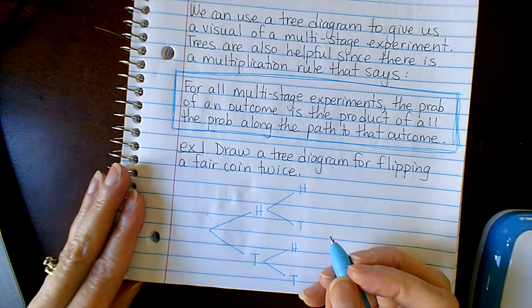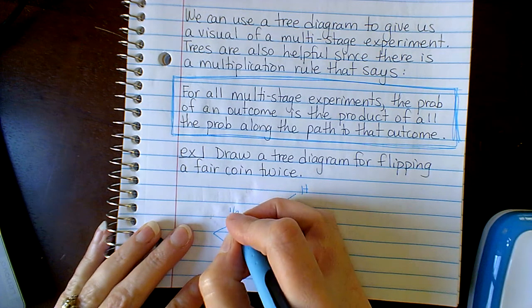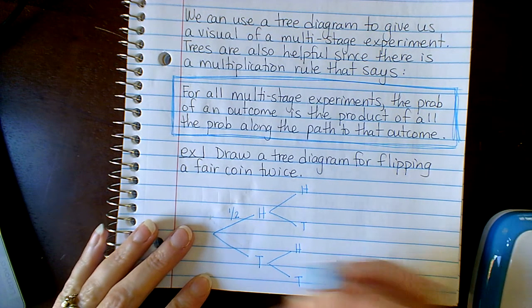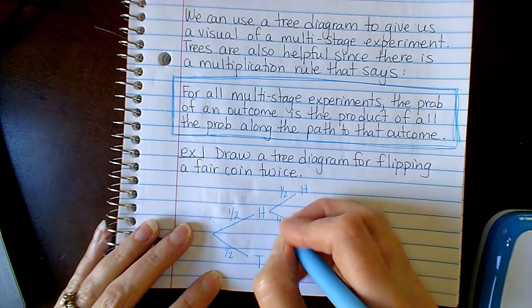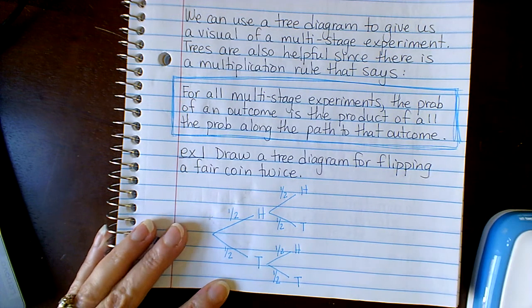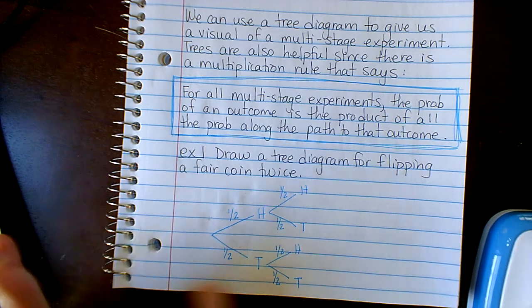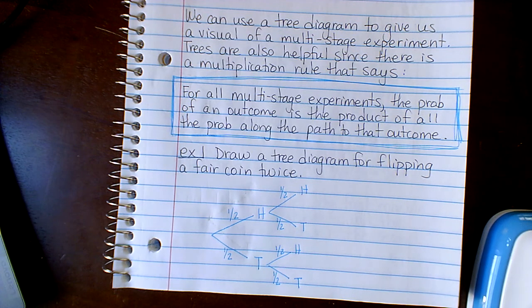Now, each one of these probabilities, these are theoretical probabilities, each one of these probabilities is 1/2. So we typically write the probability along that branch. So now if we were talking about finding the probability of flipping a fair coin twice and getting heads, heads, what would that be?